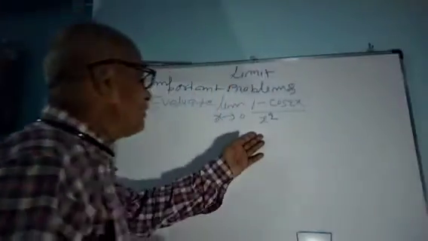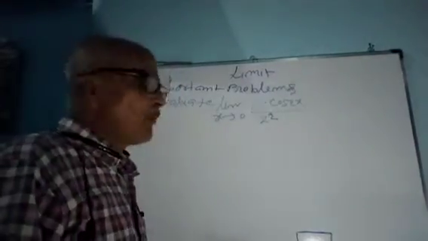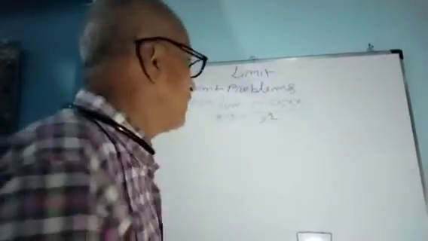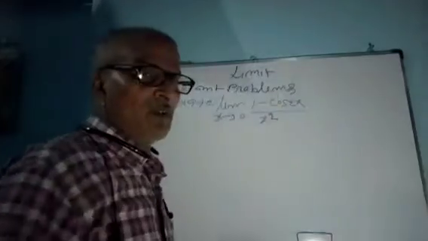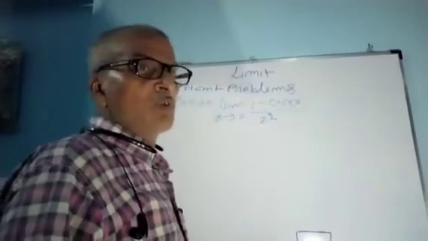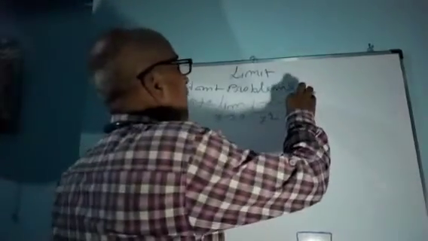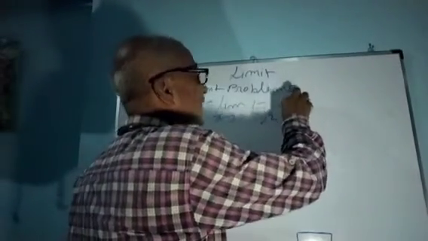Here we also use the trigonometrical formula. From trigonometry, we know that 1 minus cos 2x is equal to 2 sin square x.